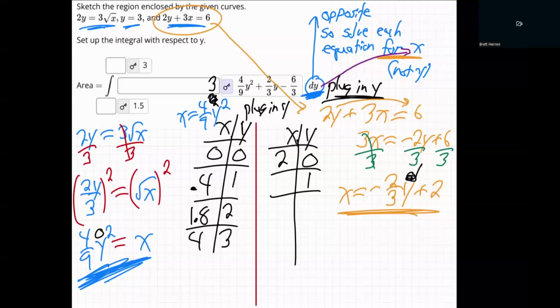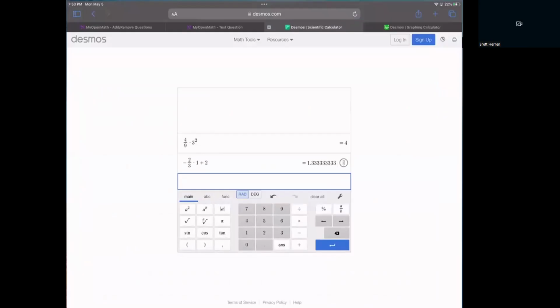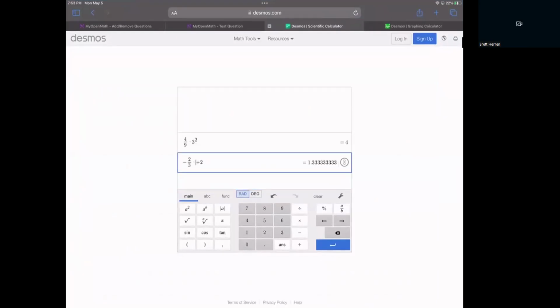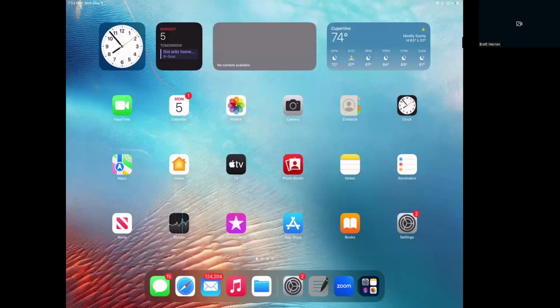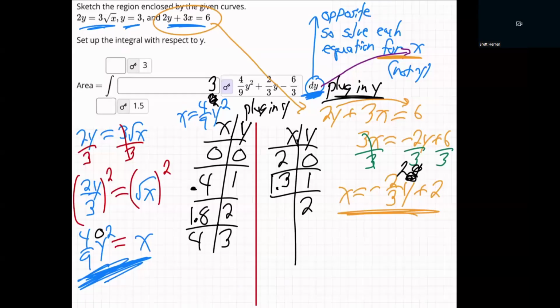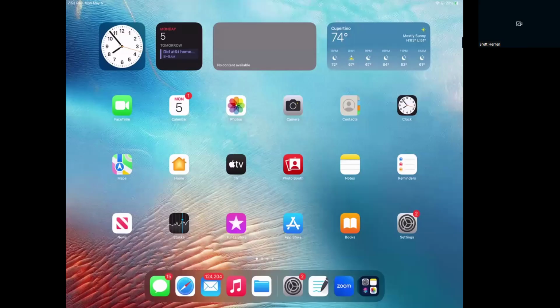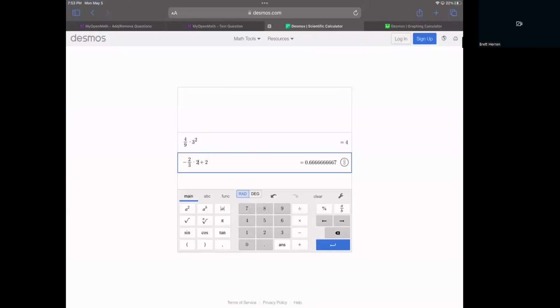So I'll say 1.3, close enough for graphing. Now plug in a 2 for y: minus 2/3 times 2 plus 2 is 0.66, or let's say 0.7. Now plug in a 3 for y, and you get 0.